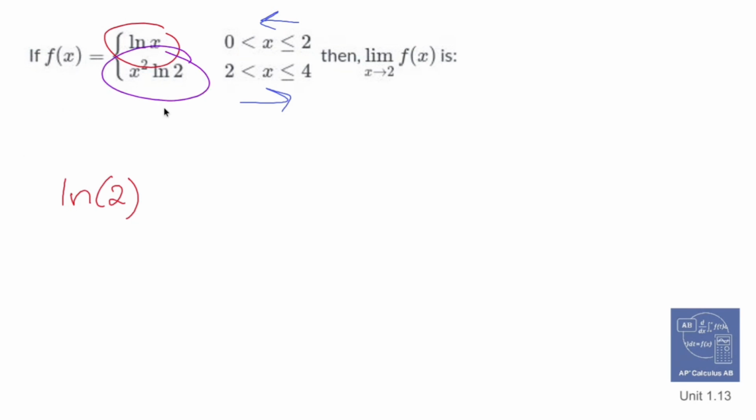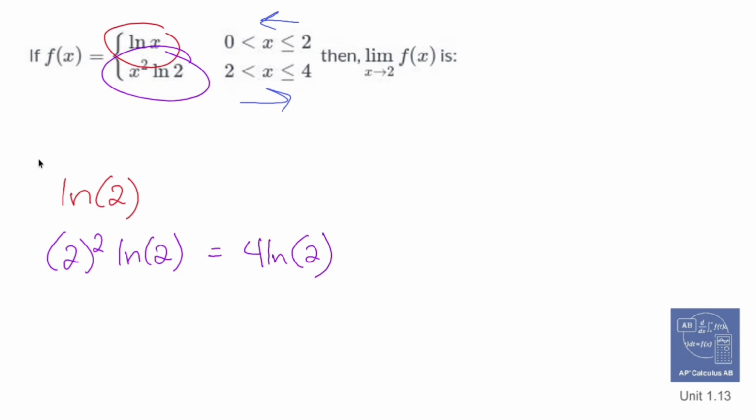Okay. For this guy, if I plug in 2, I get 2 squared ln of 2, which is 4 ln of 2. Now, if I were to plug ln of 2 into a calculator, I would get some gross number, and multiplying 4 to it would be a bigger version of that number.